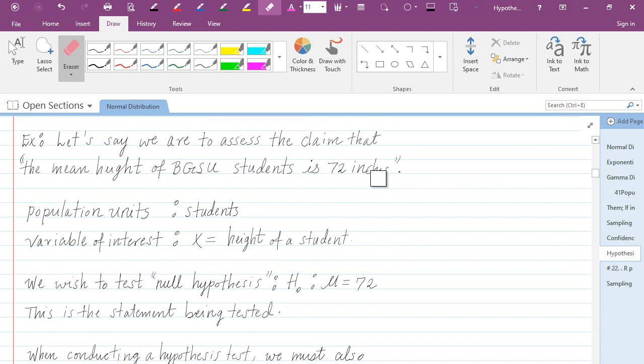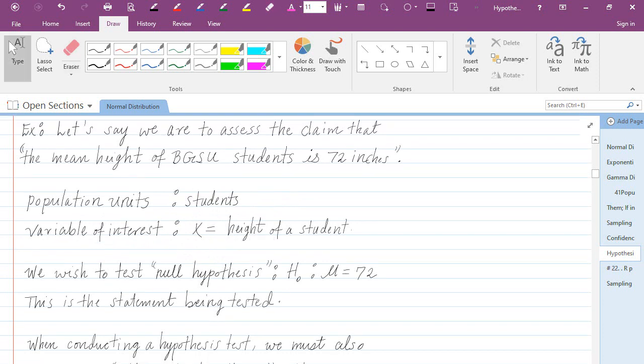In this example, the population of units is the entire set of BGSU students, and the variable of interest is x, denoting the height of a student.